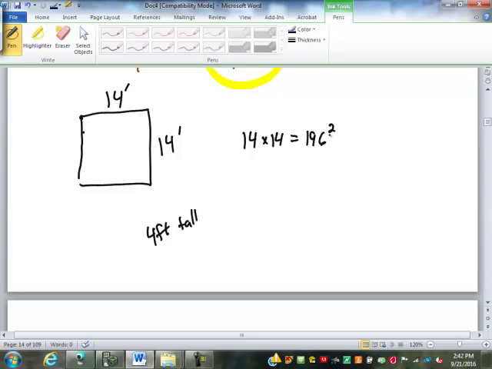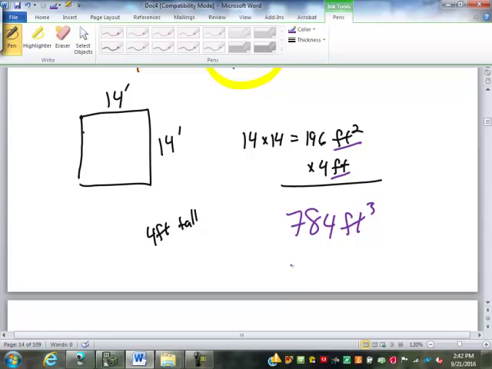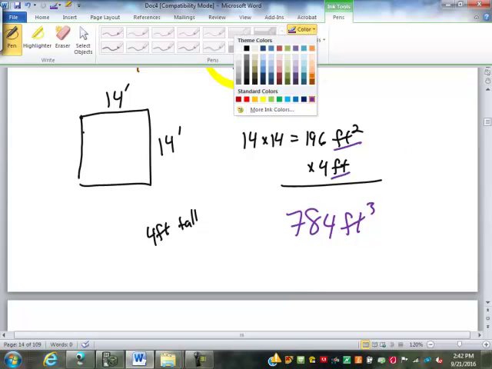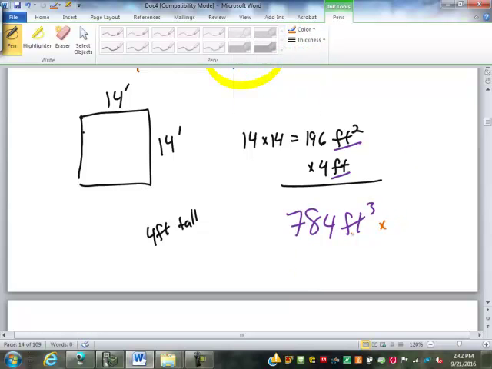So 196 square feet is the area of my bottom, times 4 feet tall is going to give us 784. Square feet times feet is cubic feet of water, times 7.48 gallons per 1 cubic foot.